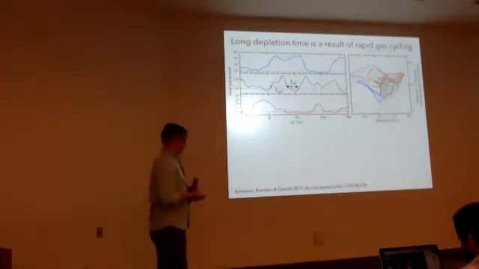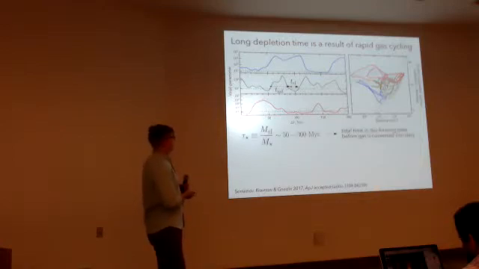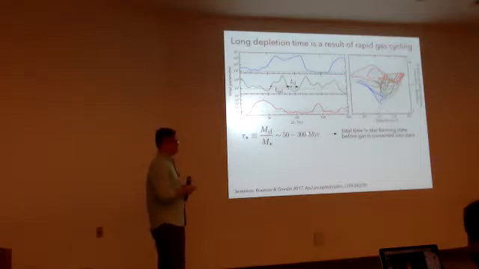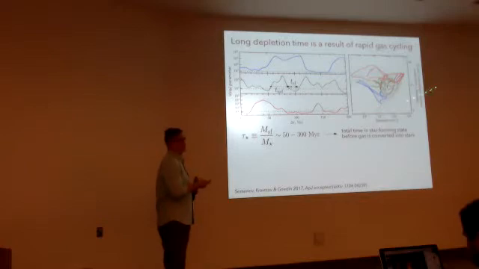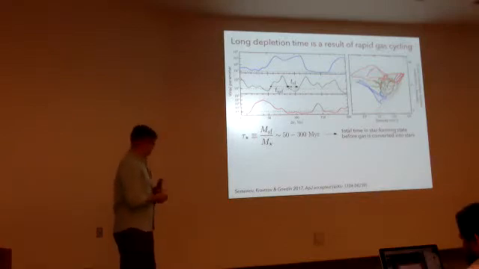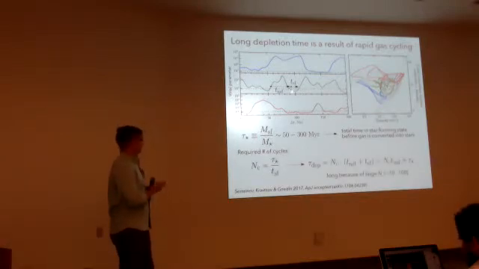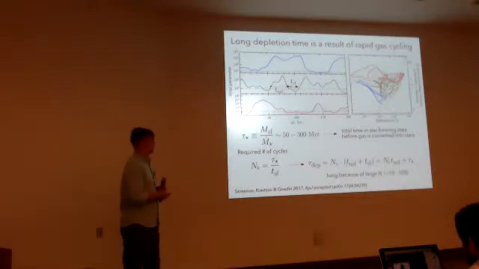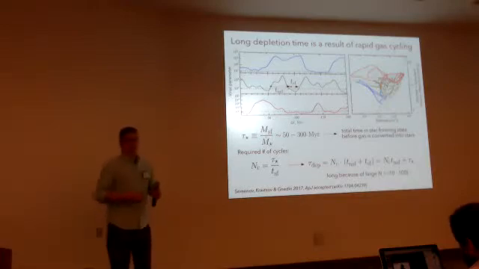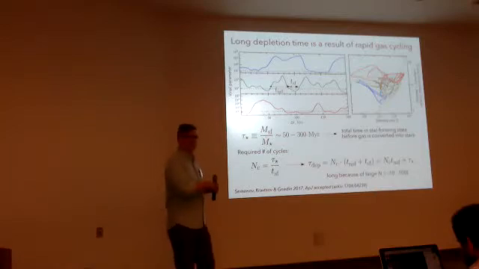Actually, in order to be depleted into stars, each gas parcel needs to spend one depletion time of star-forming gas in the star-forming state. And if we divide this time by the typical duration of the star-forming stages, we can figure out the average number of cycles required for gas to be depleted.